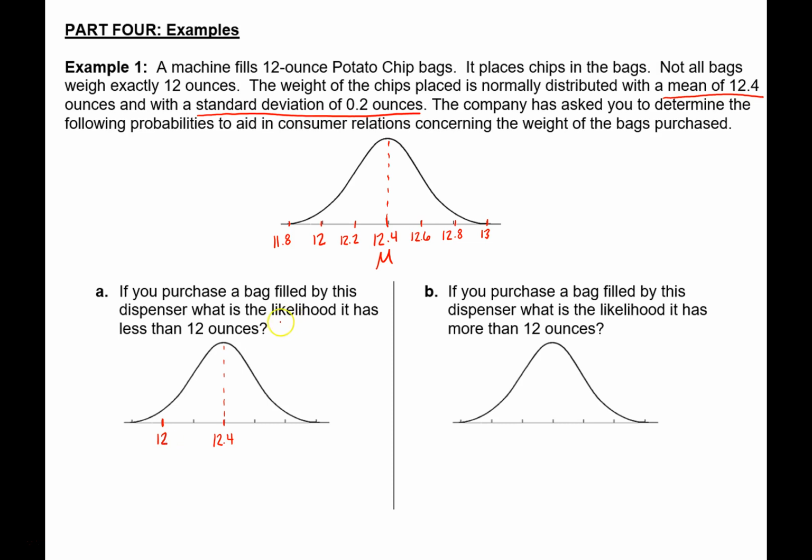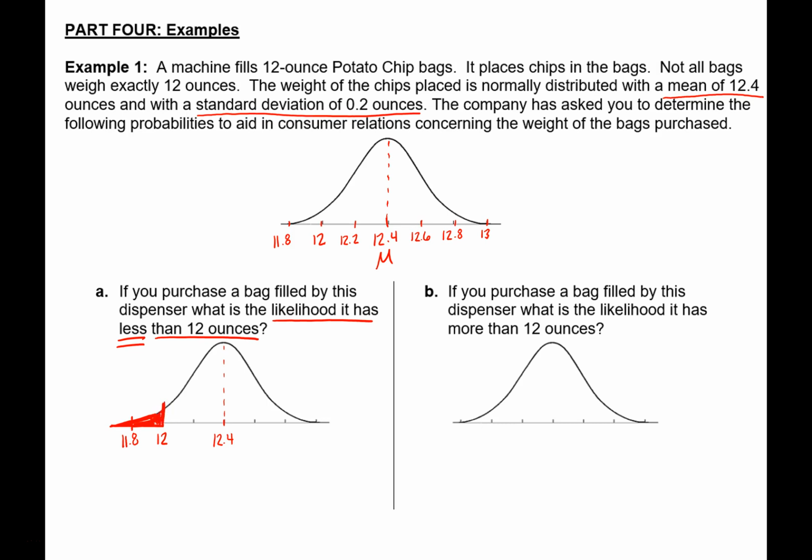So if we want the likelihood it has less than 12 ounces, that means we're going to draw the line at 12, and less than, we're going to shade the smaller side of the x-axis. So we're looking at this far side to the left here, up to the 12. So there was that third standard deviation mark at 11.8, and then there's this second one.